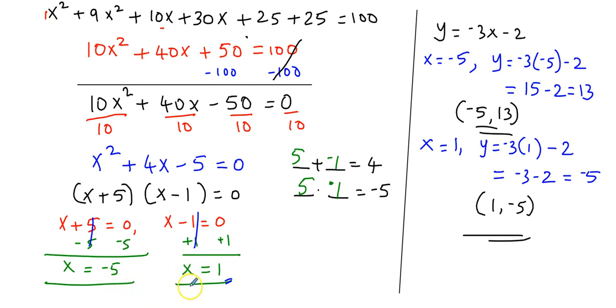And once you have the values of x, go back and substitute in the equation of that straight line. On substituting these values of x in the given equation of a straight line, you get those y values. Once you have x and y, those are the 2 points of intersection we required.